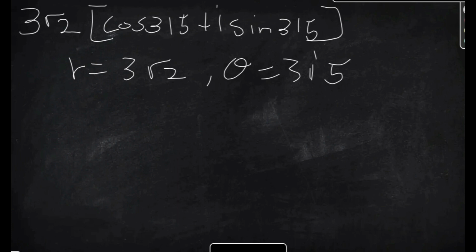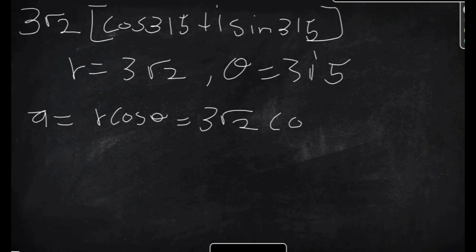Converting it to a rectangular coordinate, we have our a to be r cos theta, which is 3 root 2 cos 315. Computing this gives a value of 3.